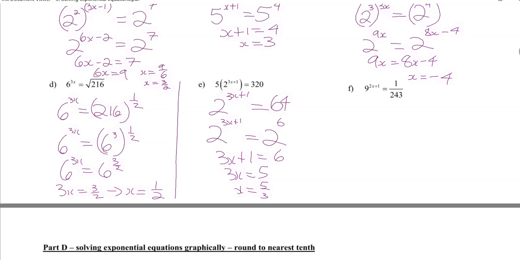Okay, one more. 9 and 243. What's the base going to be? What's the base? Is it 9? I mean, you can try and see if you can get 9 to some power is 243.